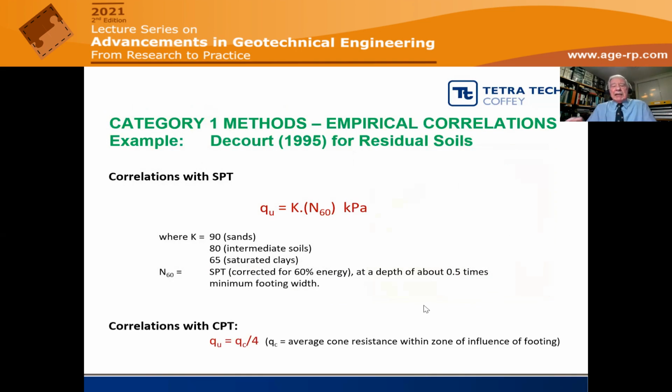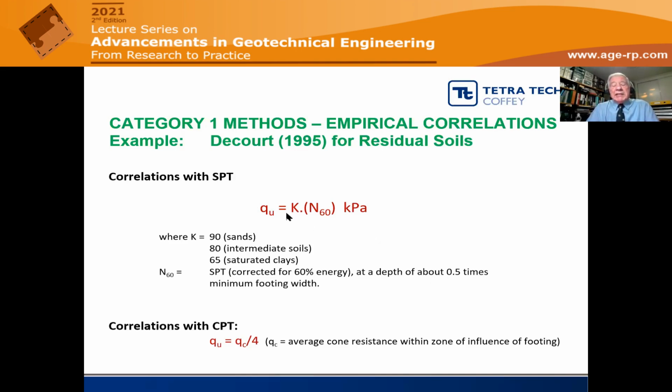Now, coming then on to how do we work out what the ultimate bearing capacity of a particular situation is? Well, category 1 methods, this is an example from my friend Luciano Decourt from Brazil, who came up with a series of correlations of the ultimate bearing capacity being related to the SPT value corrected for energy at a depth of about half of the minimum footing width.